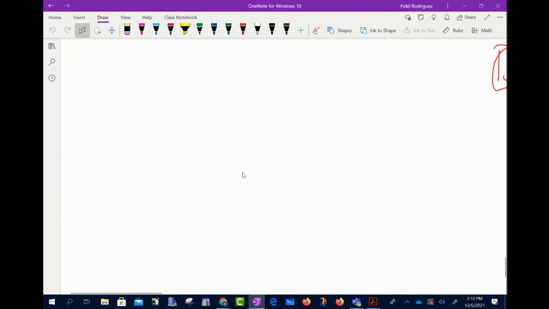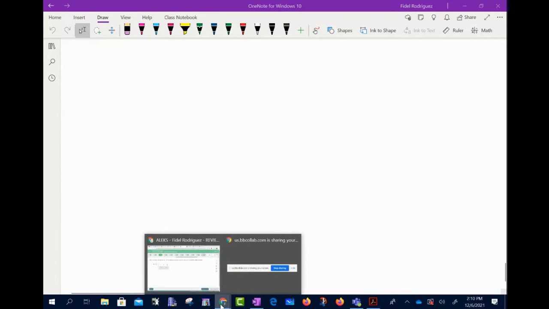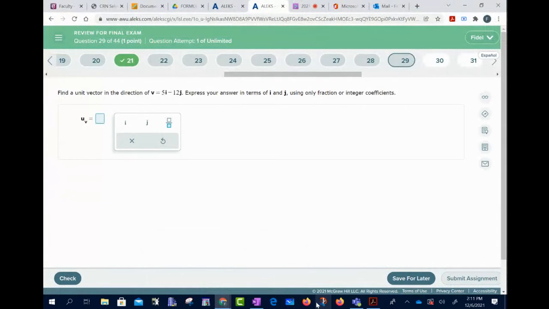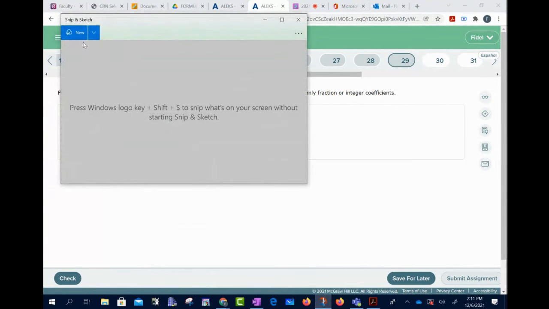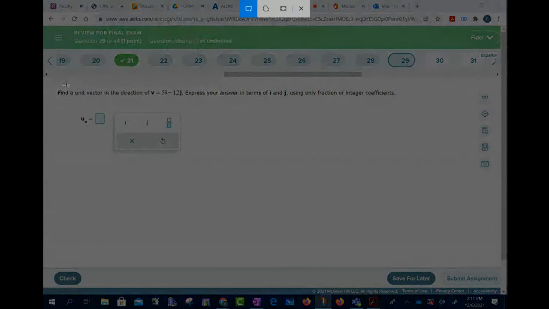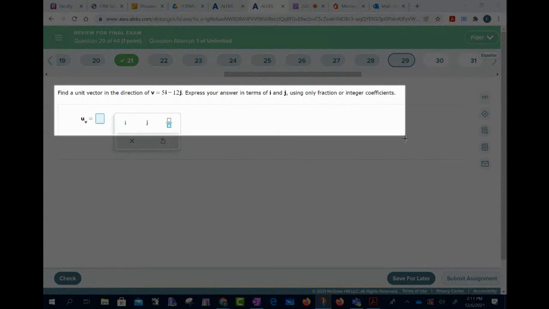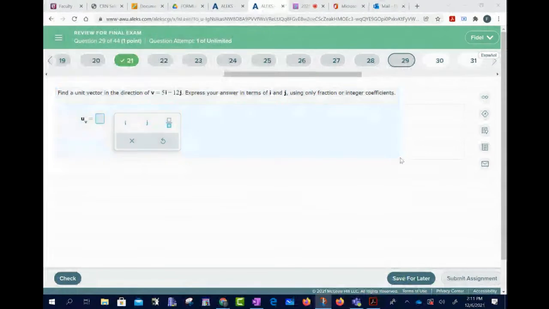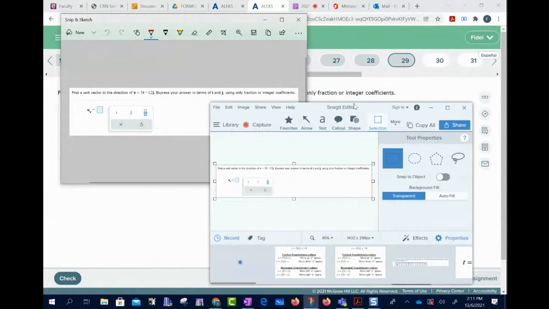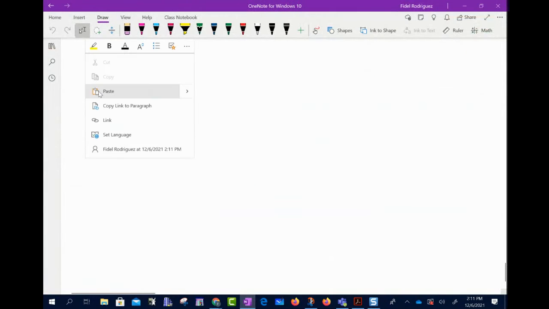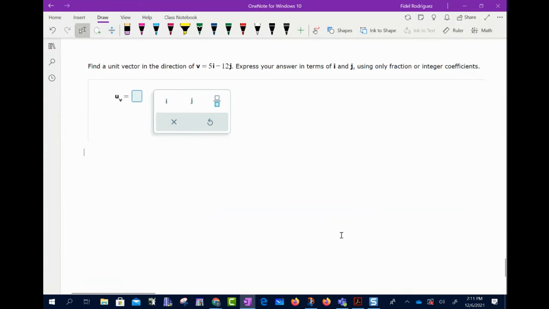So let's do this. Let me grab my problem right here. Let me copy this and paste it right here. There we go. So it says find a unit vector in the direction of v, which is 5i minus 12j.